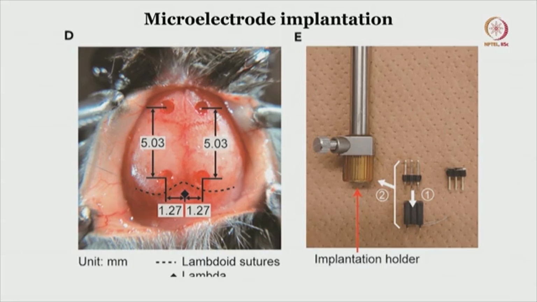There is an adapter to use the Hamilton syringe, an adapter to hold implants like this, an adapter to hold the flat PCB circuit boards, and an adapter to hold the drill bit. This is the versatility of the same stereotactic apparatus that we have been discussing in the last few sessions. Just by changing the adapters, you can use various tools using similar steps.